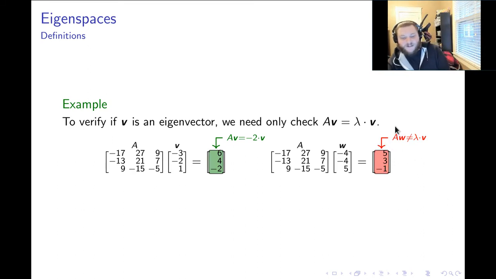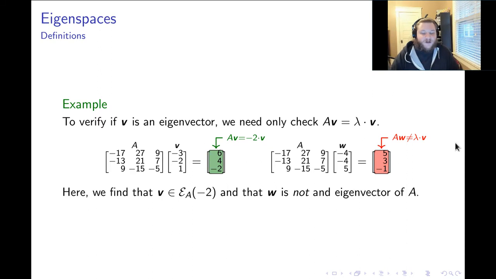So here we see that A times w is certainly not a scalar multiple of w. That's a typo here, this should say w, not v. So I'll make a note of that. I'll fix that in the slides. So the key thing here is that A times w is not a scalar multiple of w. So what's the conclusion in this example?